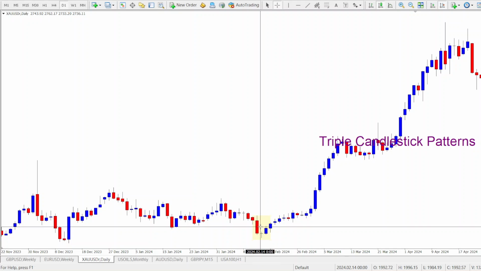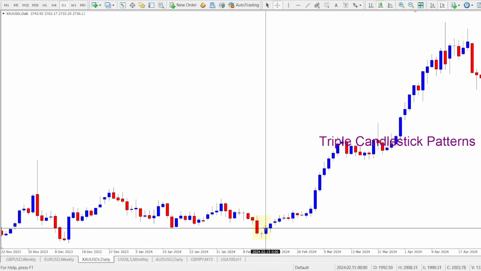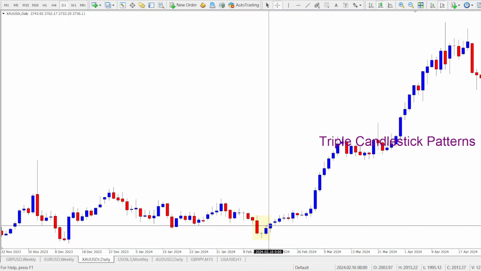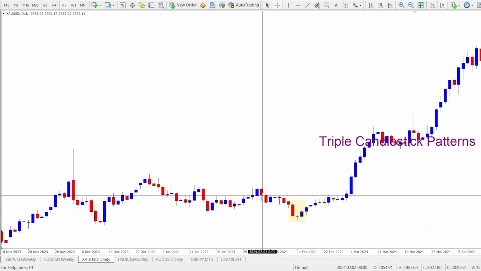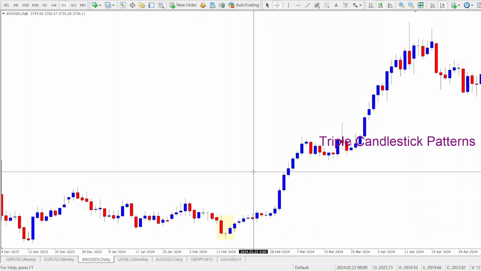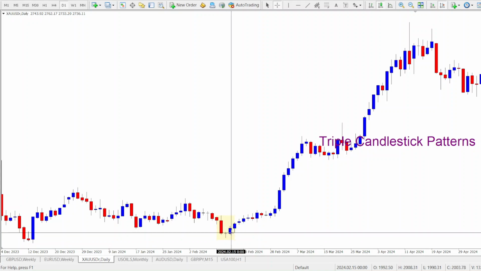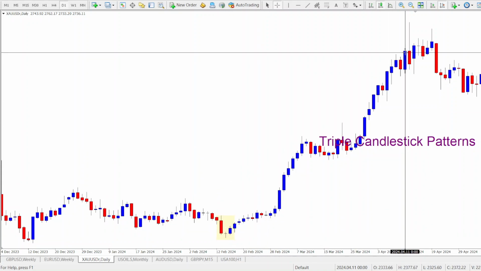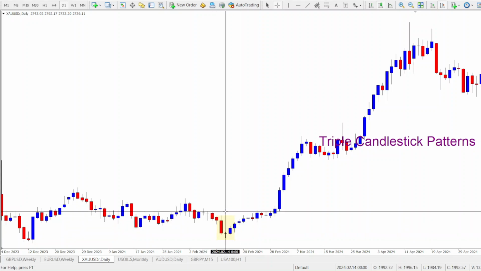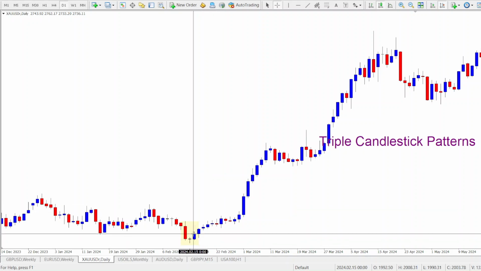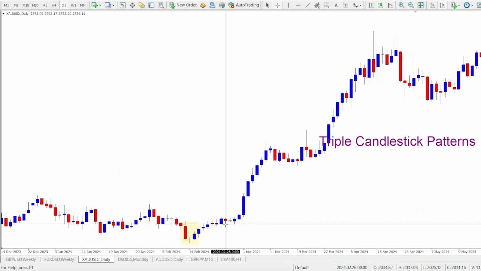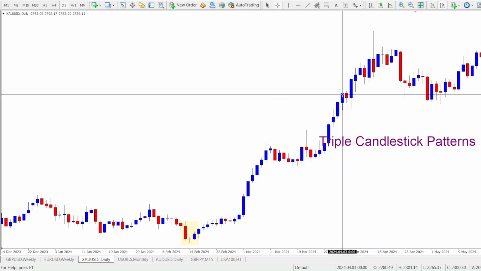We can see the midpoint should be somewhere around here, so it's about the midpoint or above the midpoint of the first candle. Right after the formation of the morning star, we had a bullish move, right? Because the morning star indicates a bullish reversal or a bullish continuation.